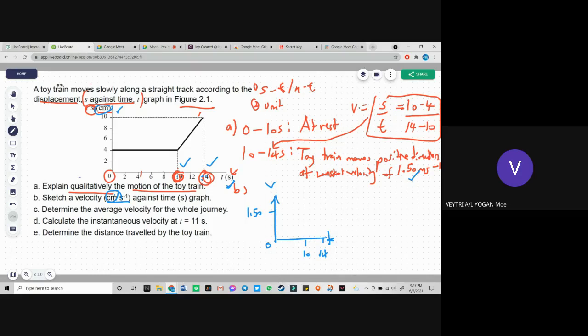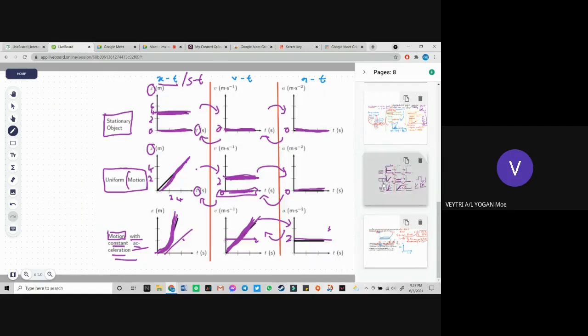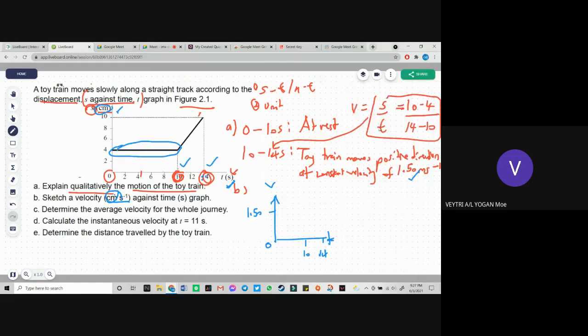Okay? Now, for this part, it is flat. If we look back at the displacement time graph, if it is flat, what does the velocity time graph become? Flat, at zero, because it is at rest. Okay? Why at rest? You guys already did the qualitative analysis, that it is at rest. So automatically it is like this.